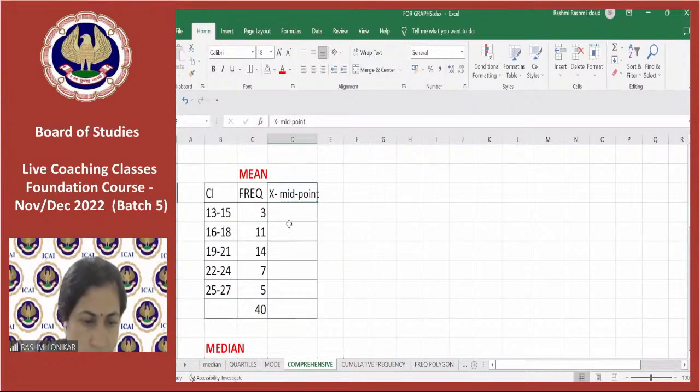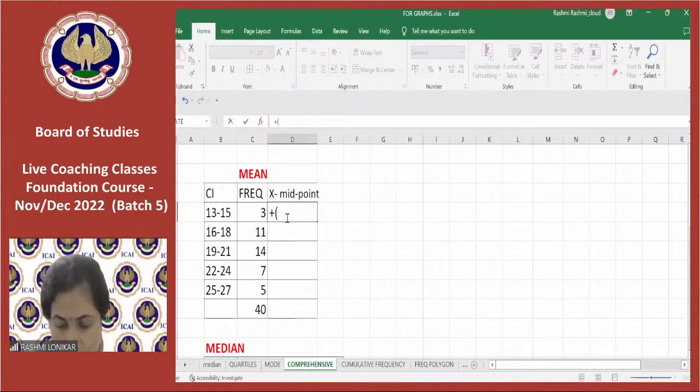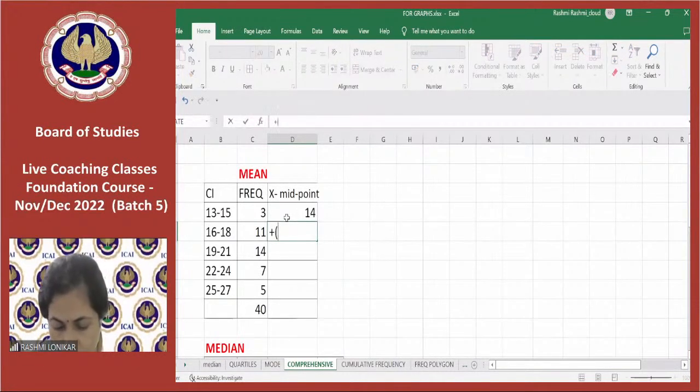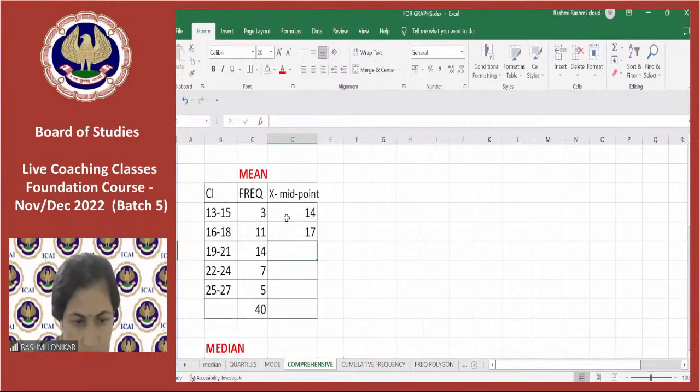Now, what will be the midpoint here? 13 plus 15 upon 2. How much is this? 14. Then 16 plus 18 upon 2 is 17.